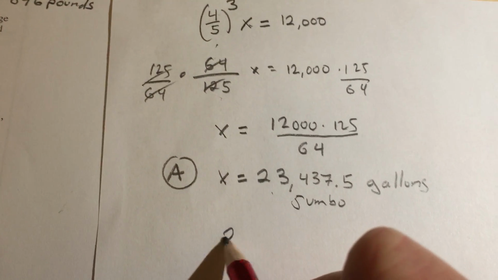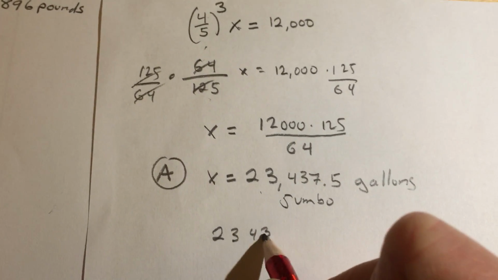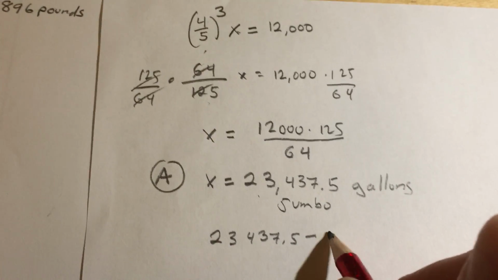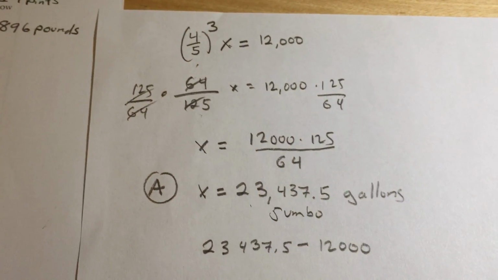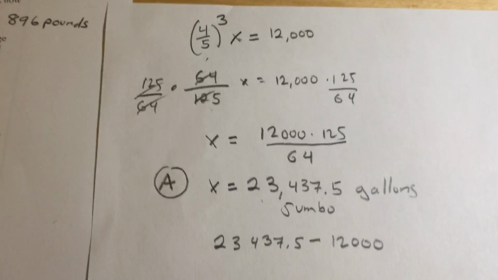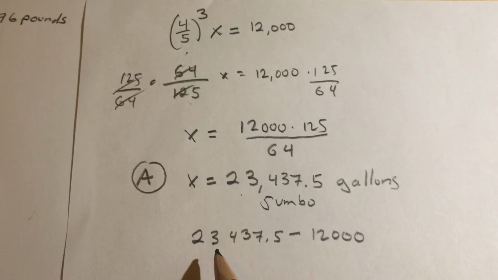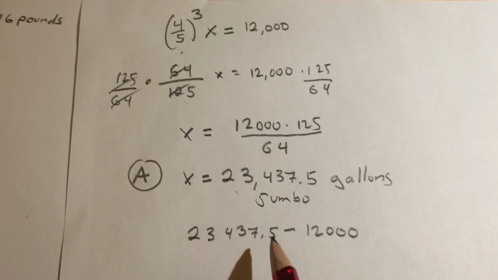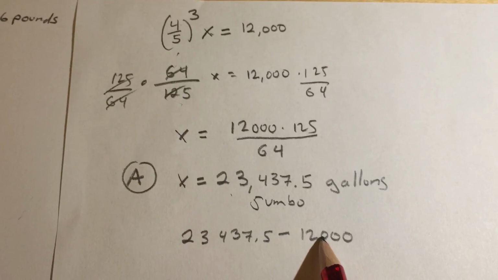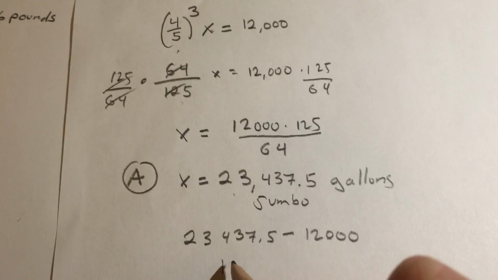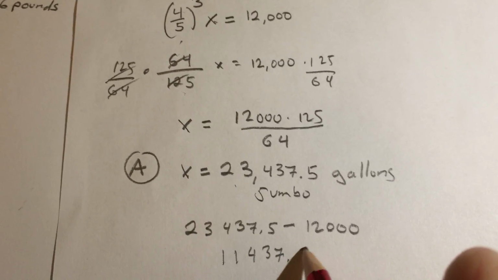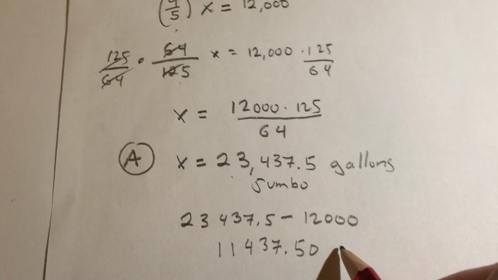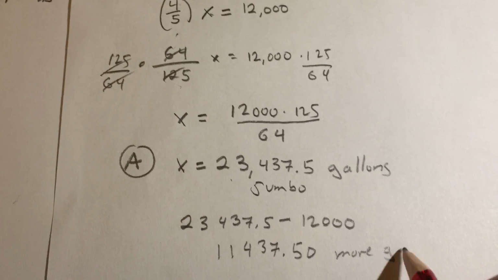So I'm going to go ahead and take away from the jumbo how much the standard oil storage tank was. So again, your calculator, 23,437.5. I'm going to subtract 12,000 from that. So that total should be 11,437.5 more gallons.